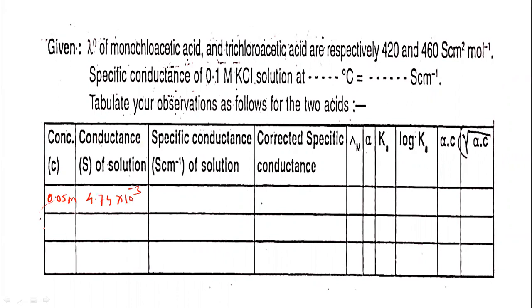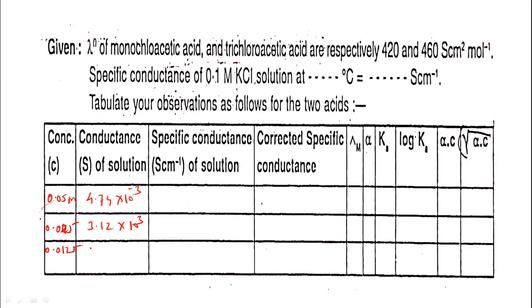Then the next concentration is 0.0125. Suppose the reading for this is 3.12 into 10 raised to minus 3. Then the third solution, sorry, this is not 0.0125, this is 0.025. Next is 0.125.